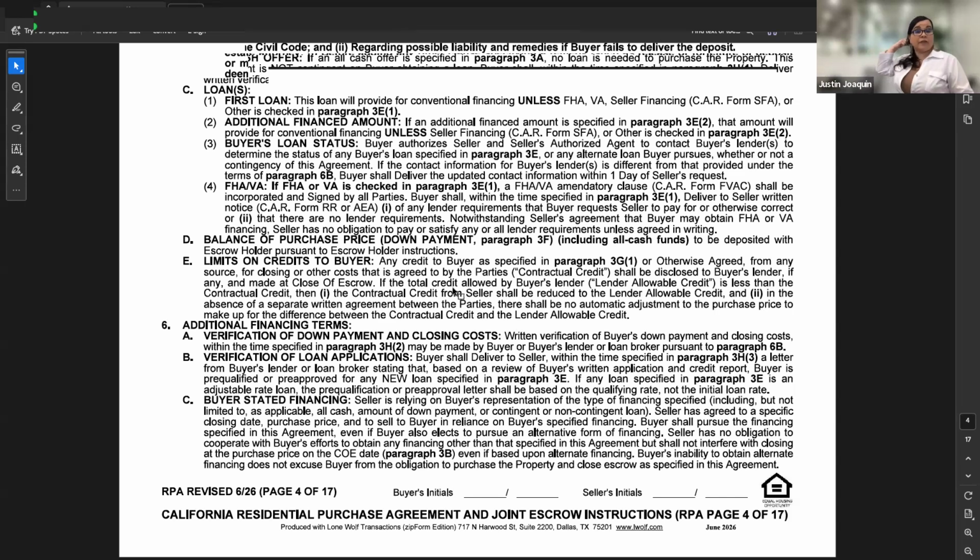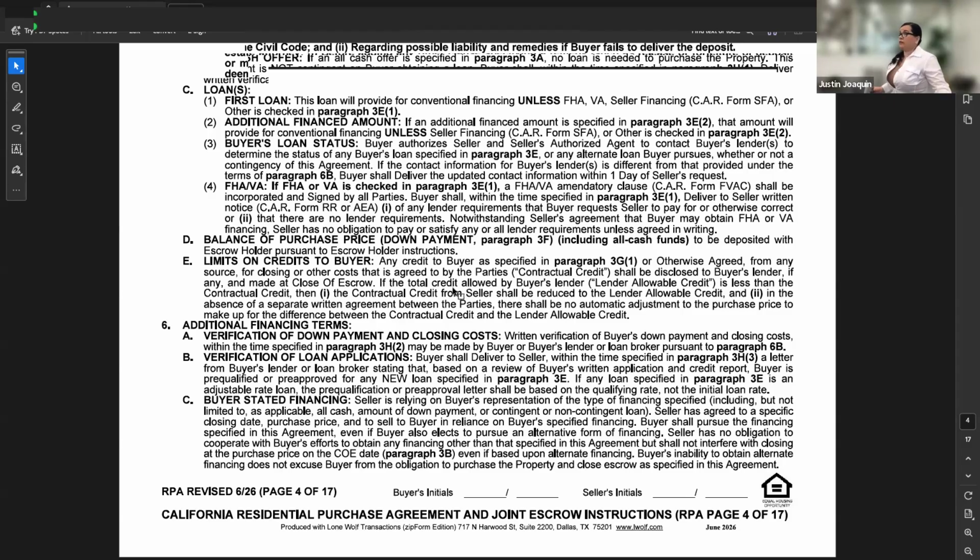C4, FHA. If you did check a box for FHA or VA, we talked a little bit about this last time, that brings in the amendatory clause. The very last sentence of C4 says, notwithstanding seller's agreement that buyer may obtain FHA or VA financing, seller has no obligation to pay or satisfy any or all lender requirements unless agreed in writing.